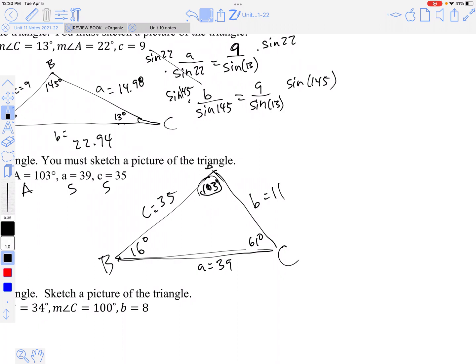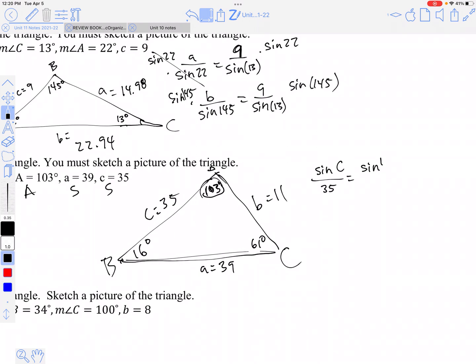Okay, so to find angle C, I did sine of C divided by 35, and then I had all the info for A. Notice since sine was on top, I have to have sine of A on top. But remember, A is 103, and then it's 39. So I'm going to put this in my calculator.